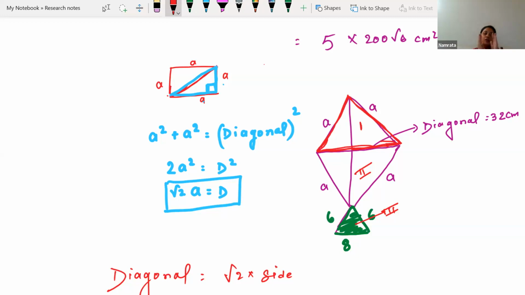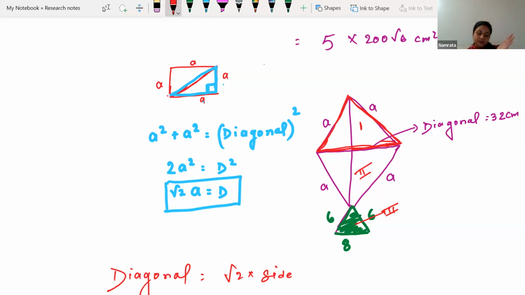Okay, so it's written in the question how much paper of each shade has been used. So one by one we have to find the area. First the upper triangle, then the downward triangle, then the green one.